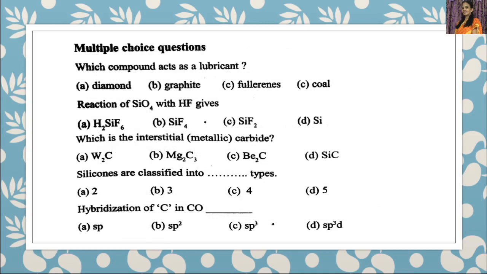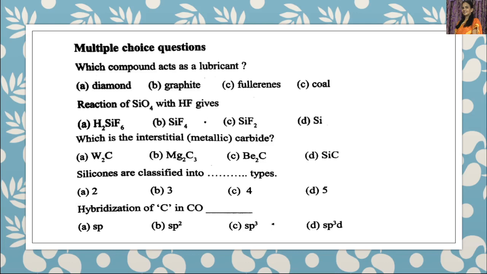Now let's see a few multiple choice questions. Which compound acts as a lubricant? Among the allotropes of carbon, graphite is slippery and soft, therefore it is used. It acts as a lubricant. This is the answer: graphite. Next, reaction of SiO2 with HF.